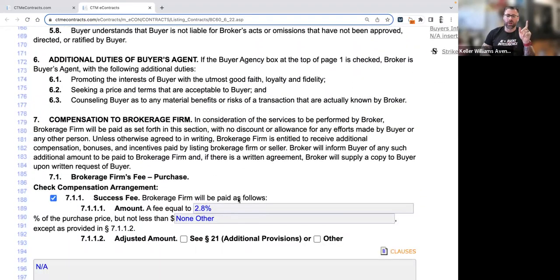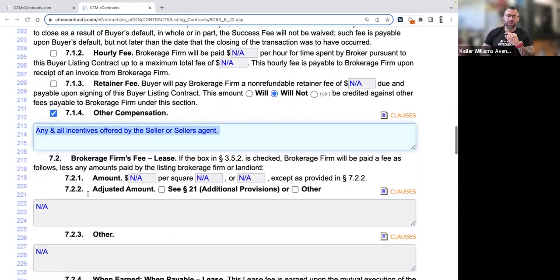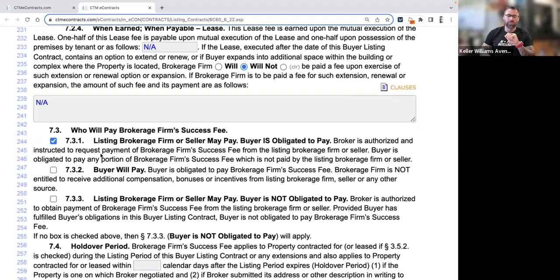And this is the rationale. My buyer told me I'm worth 2.8%. And on the same rationale as any and all incentives, what if you show a home where the seller says, awesome, we're offering buyer's agents $500? Well, if you checked this one, then you're only worth $500 and that's it.